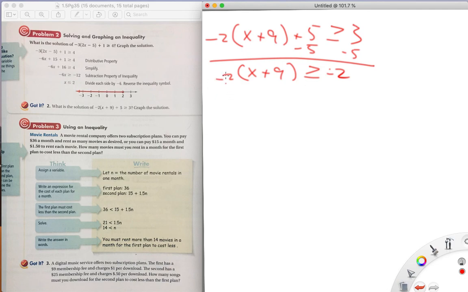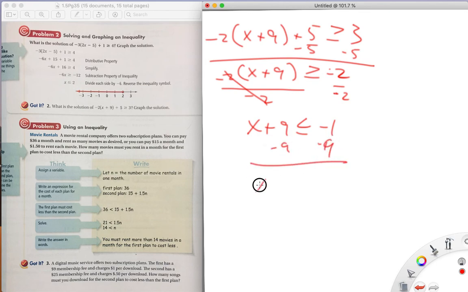Then I'm going to divide both sides by negative 2, and that gives me x plus 9, the inequality flips, less than or equal to negative 1. Subtract 9 from both sides, and I get x is less than or equal to negative 10.